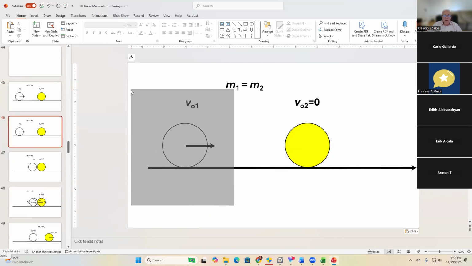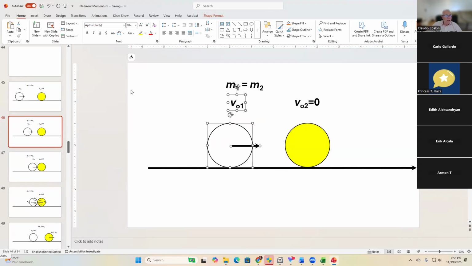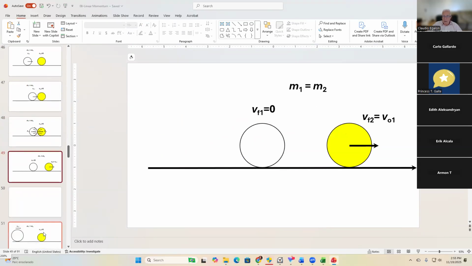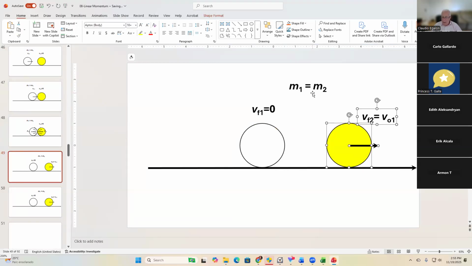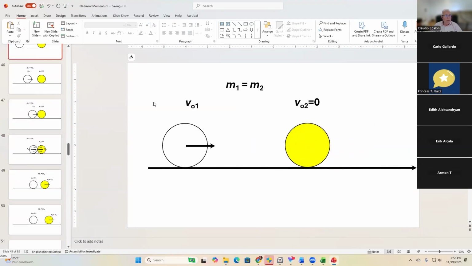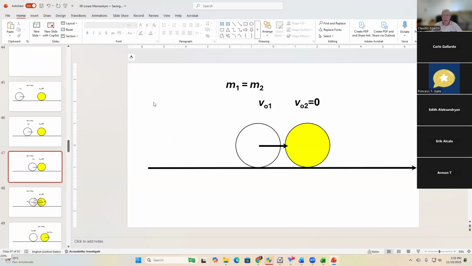So let's get this other frame of my movie. Let me get this one a little bit closer, and now we can play the movie. The first ball approaches the second one.